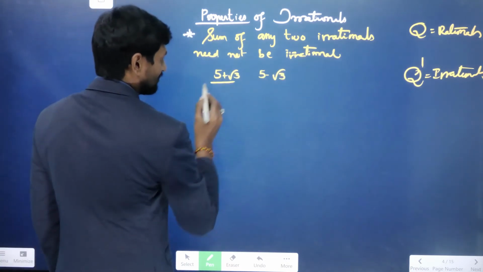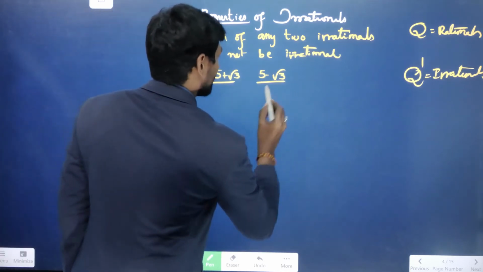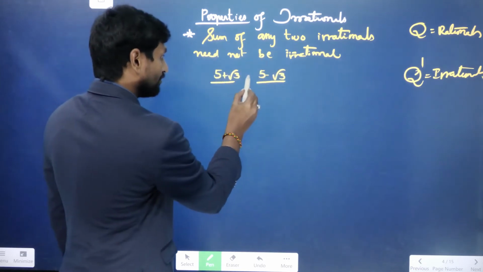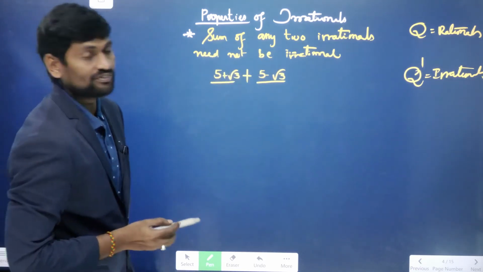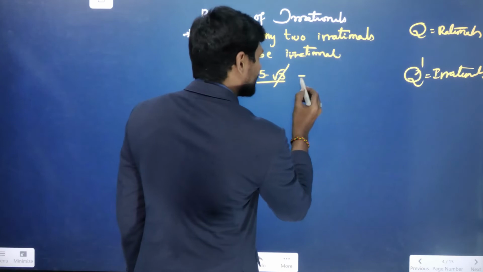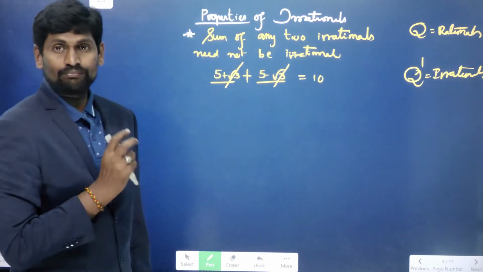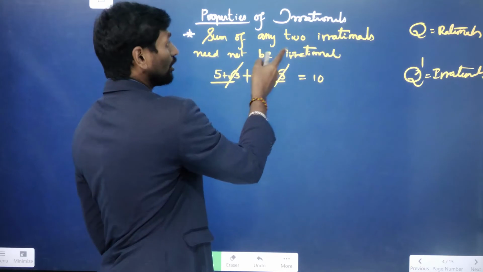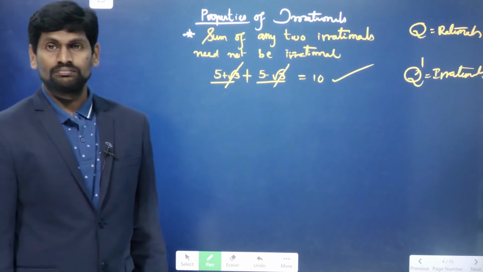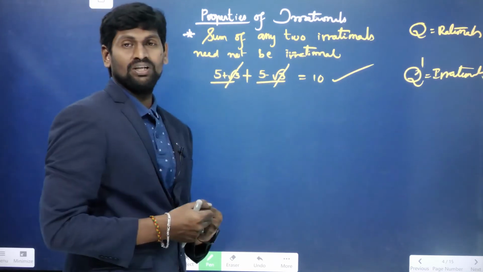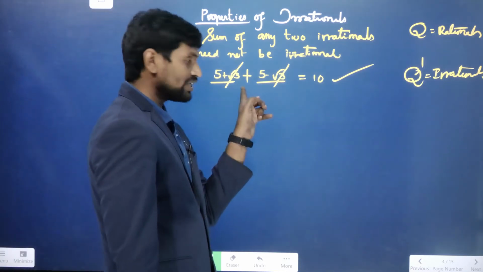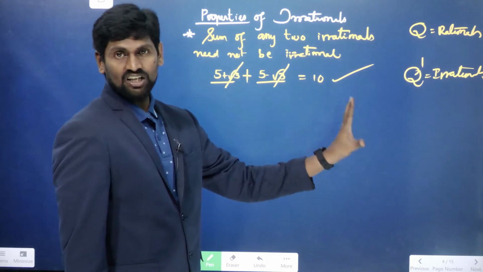Now the first irrational number is 5 plus root 3 and the second is 5 minus root 3. Sum means addition. While adding both of them, plus root 3 and minus root 3 cancel, and 5 plus 5 becomes 10. So the sum of two irrationals need not be irrational. In some situations it can be rational also.